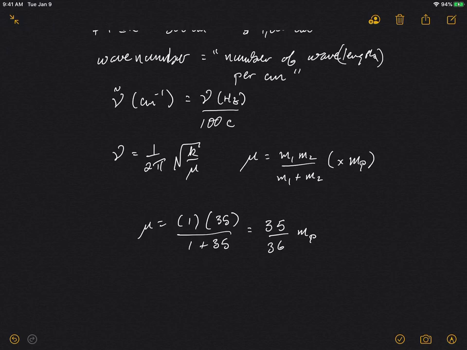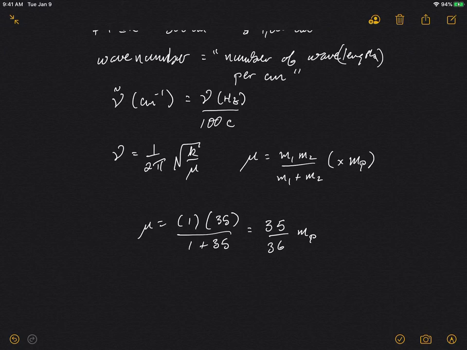And we notice that this is a number, 35 over 36, that's a little bit less than 1. This is a common feature when you're dealing with two nuclei that have very different masses. Typically, the reduced mass is going to be just a little bit less than the mass of the lighter atom.